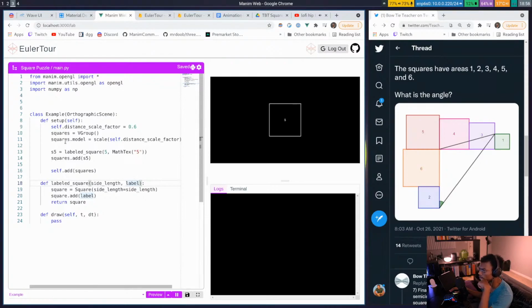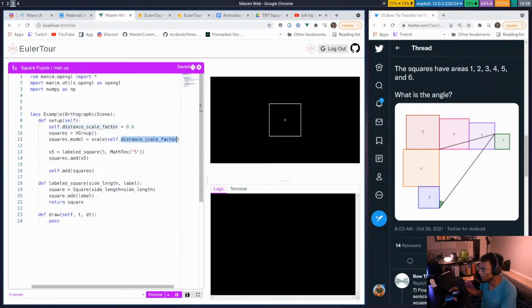I think for now I won't do that. Yeah, I'll see how that works out. So at the regular side length, I'll scale the entire thing by this, the distance scale factor. Since I think I want everything scaled by this, but the label, I have label.model and scale it the opposite way.